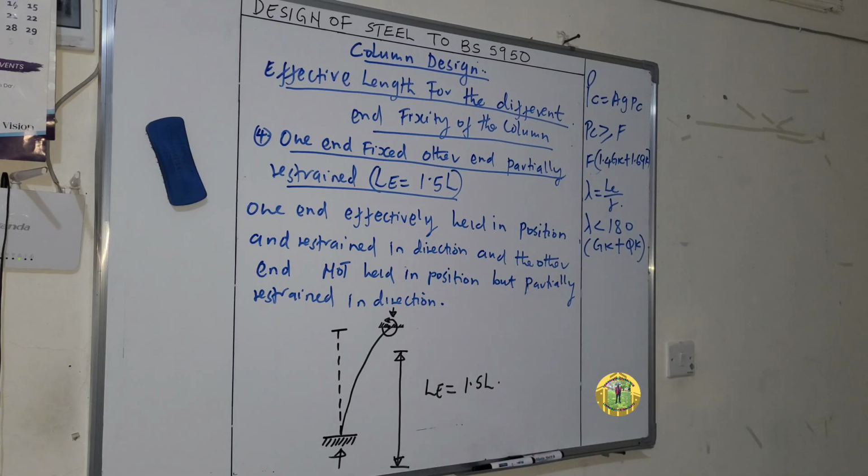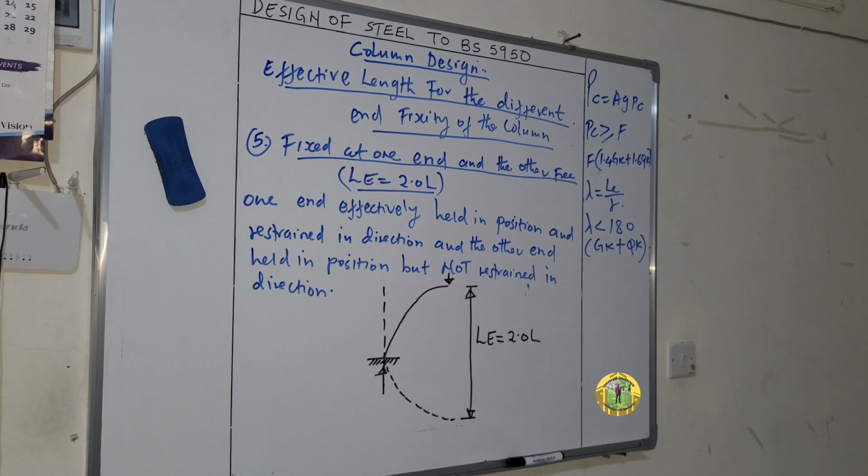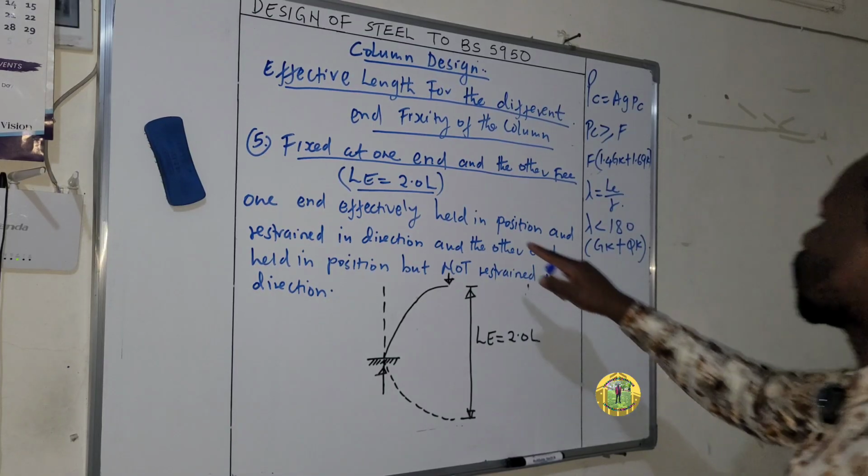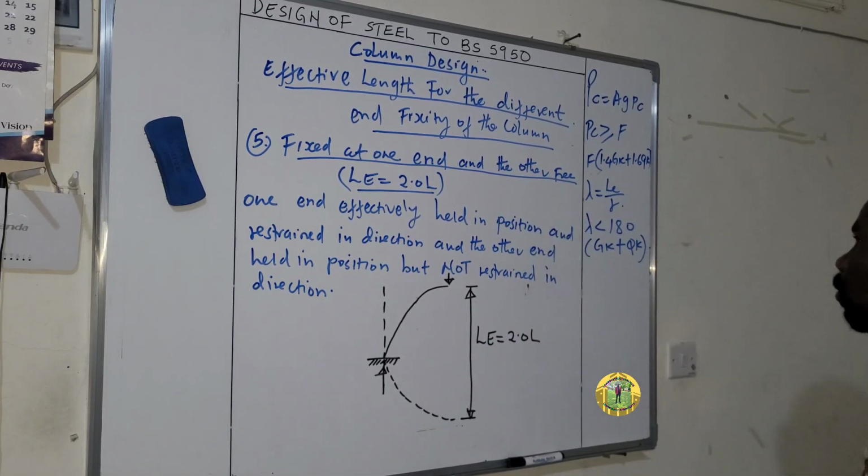We proceed to the last one, which is number 5, fixed at one end and the other free.